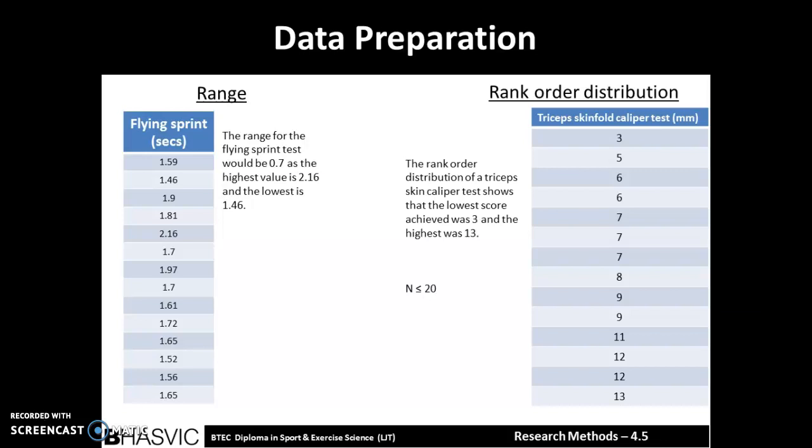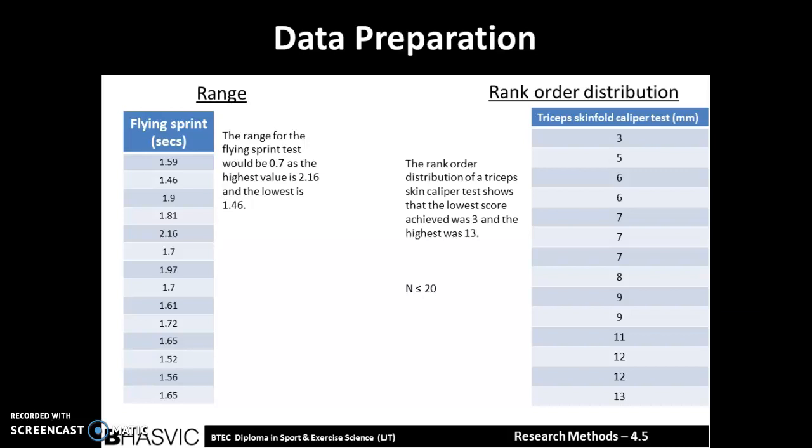Rank order distribution has been used on the table showing triceps skin fold caliper test results. According to Adams, rank order distribution means placing your data into an ordered list from lowest to highest in a single column, ensuring you include all the scores.